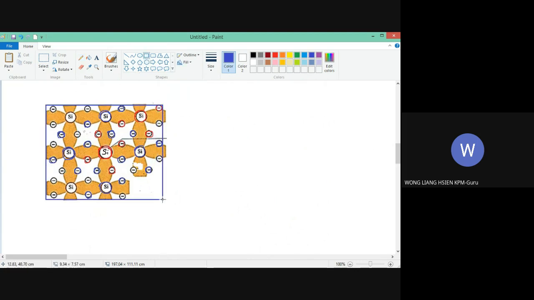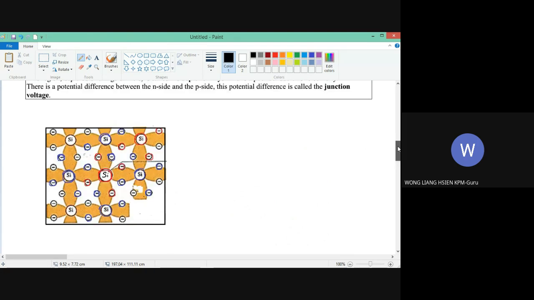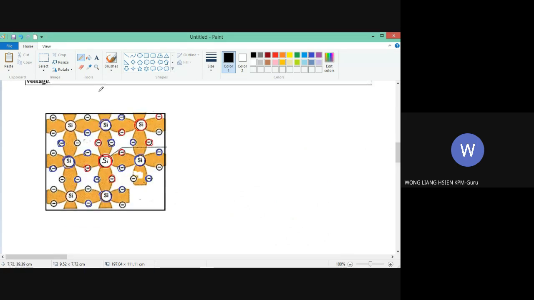So what happens is, when you apply a potential difference, for example, you connect a power source to the silicon, positive, negative. So this negative here pushes the electrons, and here pulls the electrons. Here attracts electrons, here repels electrons. And do the electrons move or not?